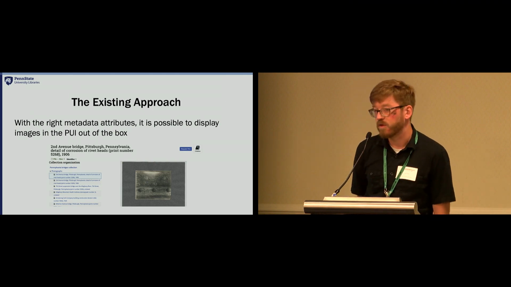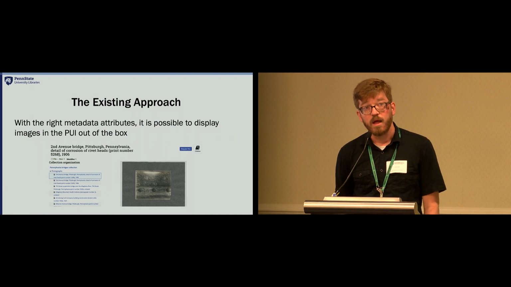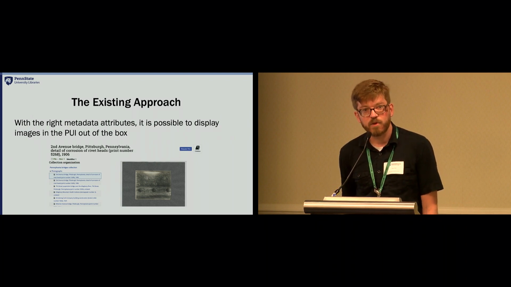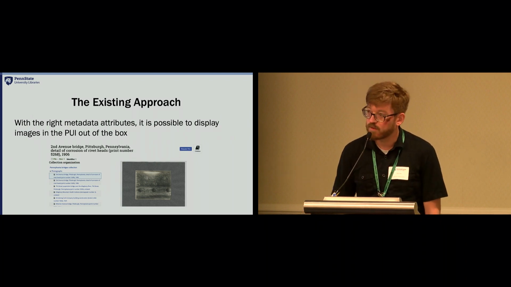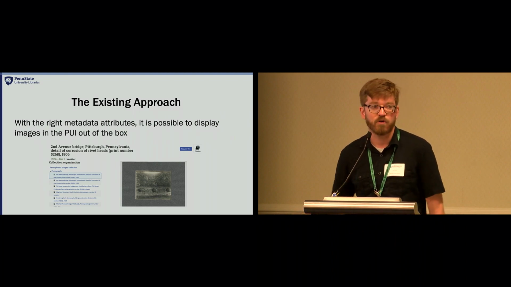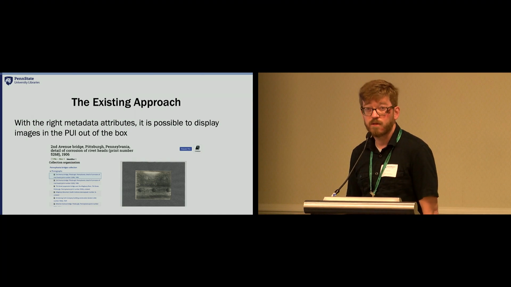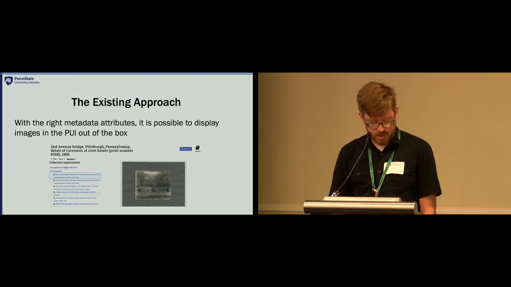So that's how we do this now. And we've done this for not enough of our digital objects, but enough that people can see that slide of some bridge rivets on this particular object. And we do that across the board for probably 75% of the image collections that we have up right now in ContentDM.